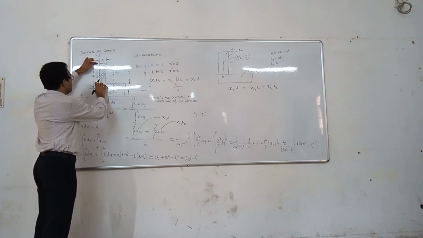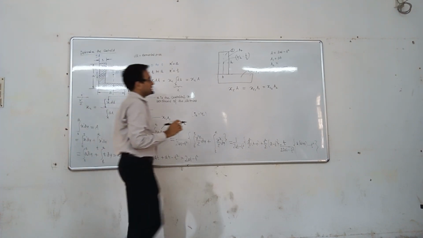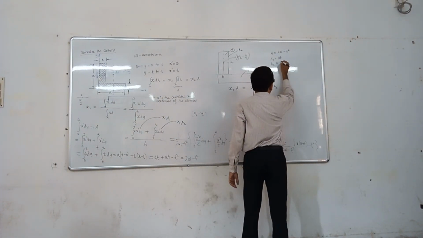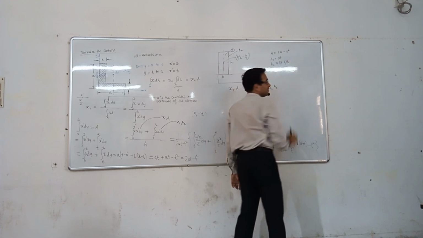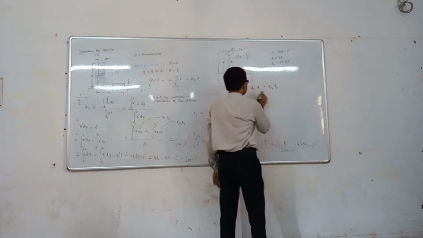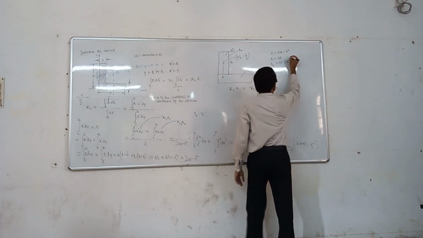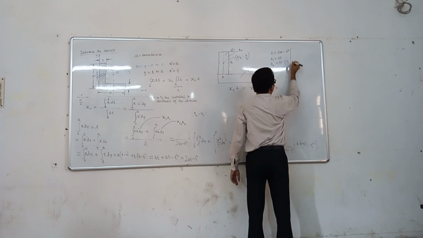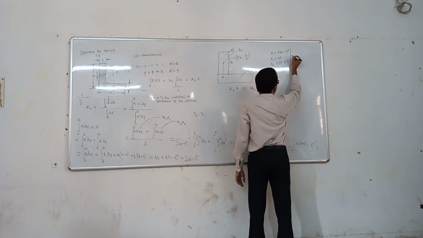A minus t into t. Is it clear to everyone? Clear? Now what is xc1? What is xc2?